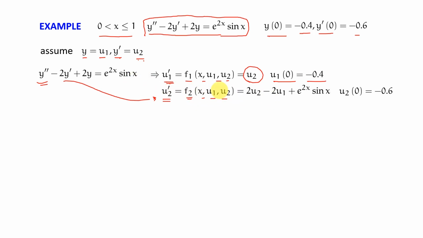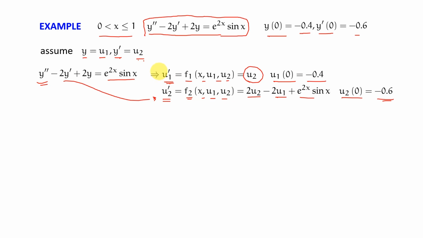I take 2y prime to the right hand side; y prime is u2, so it gives me 2u2, and 2y, where y is u1, gives minus 2u1, plus e to the power 2x sin x. So this is the equation of u2, and you can see that this is once again a first order initial value problem. u2 at x equal to 0 is given as minus 0.6.